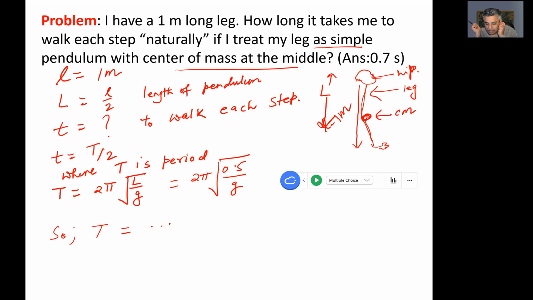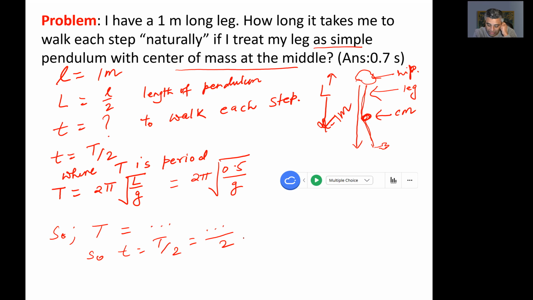I don't know if I did the half or not, so my number may or may not be correct, okay?